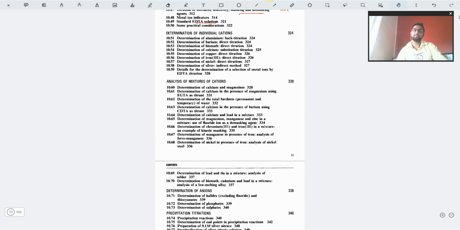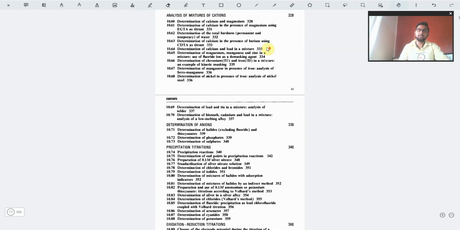Again, we have the determination of individual cations by titration, basically back titration, like aluminium, barium, bismuth, copper, calcium, iron. Then we have the titration which involves the analysis of a mixture of cations and anions, basically a mixture of cations. First of all, we have concepts like the total hardness of water.